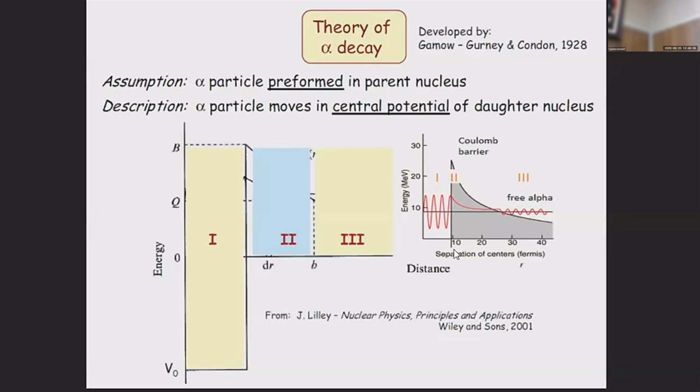And the third one, there is no potential, free. Therefore, the wave here and the wave here are both almost free, but there is this region where there is exponential decay. When we match them, then we obtain all the properties of alpha decay.